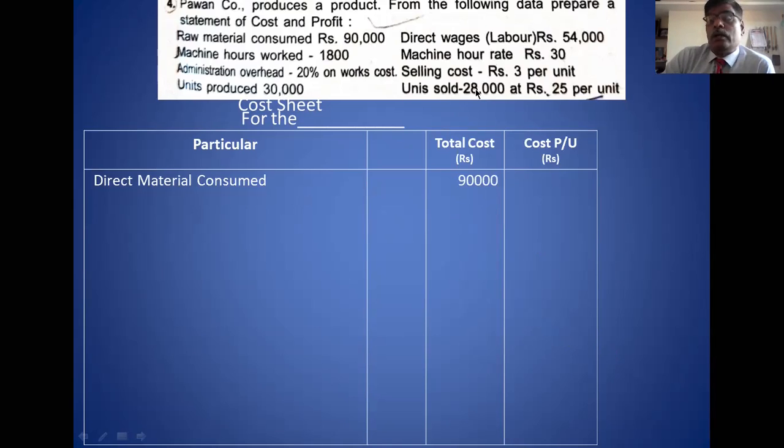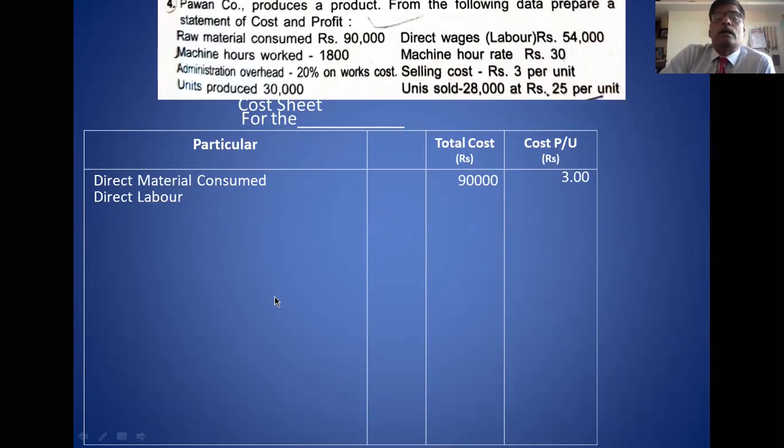Units sold is 28,000. Units produced is 30,000. This 90,000 is to be divided by units produced 30,000. Remember this point. You divide by 30,000, you will get rupees 3 per unit of material.